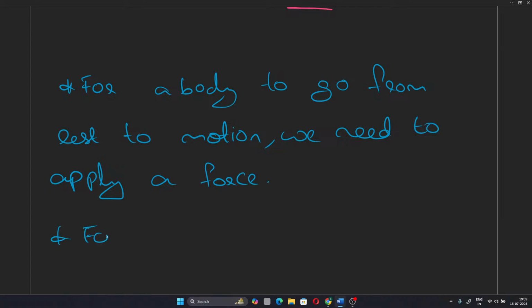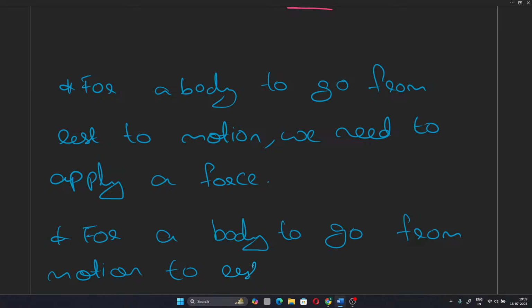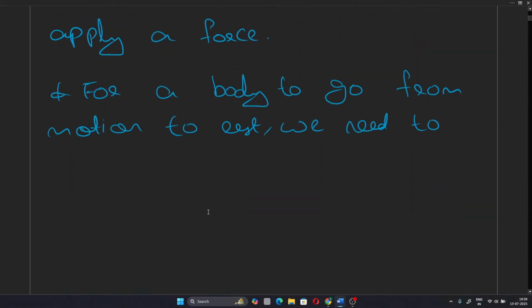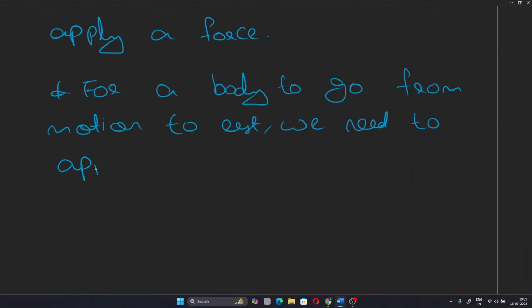For a body to go from motion to rest, we need to apply a force.